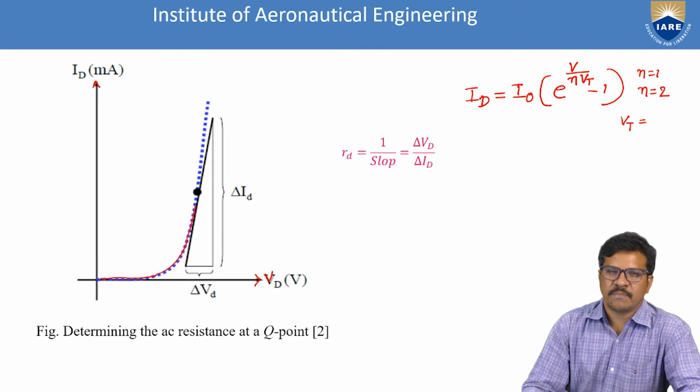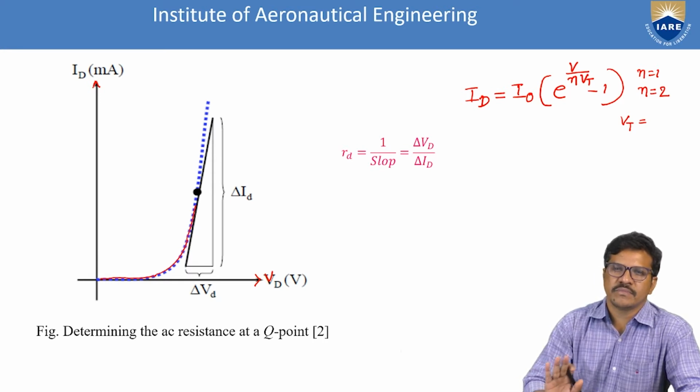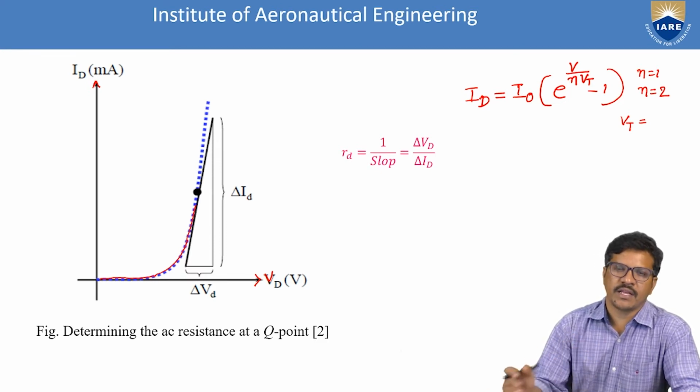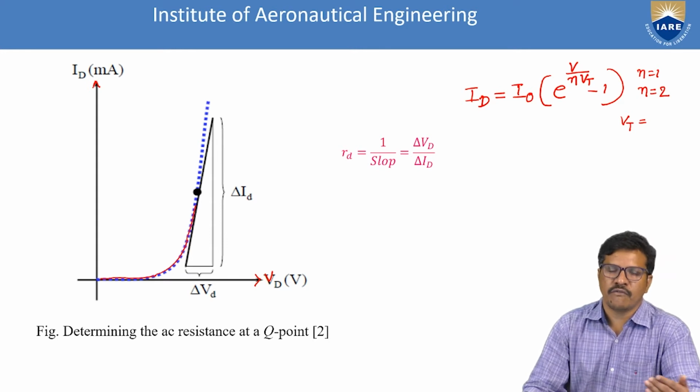If it is not a perfect conductor, there will definitely be a certain amount of resistance inside the device. So when current flows by applying voltage across the diode, there must be a resistance. Basically there are two types of resistance, static and dynamic resistance.